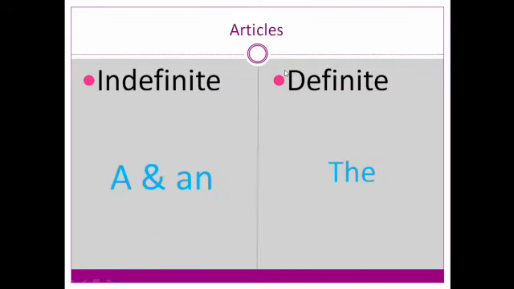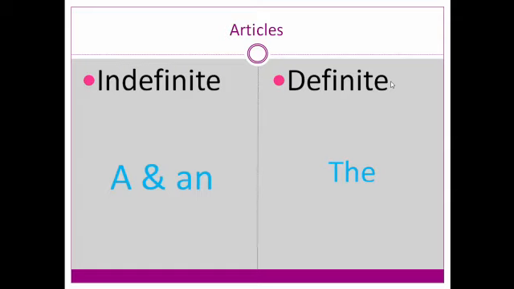So articles can be classified into two. Articles are divided into two: one is indefinite articles, the next one is definite articles. So we know what an article is.